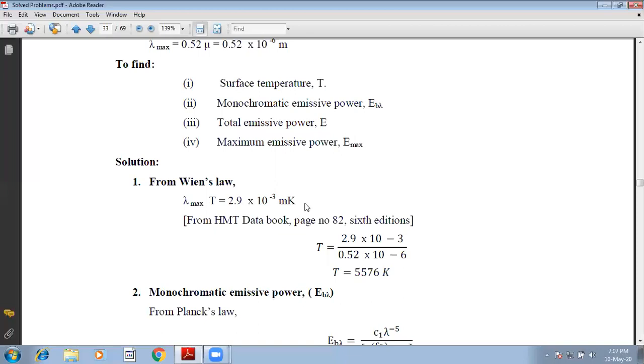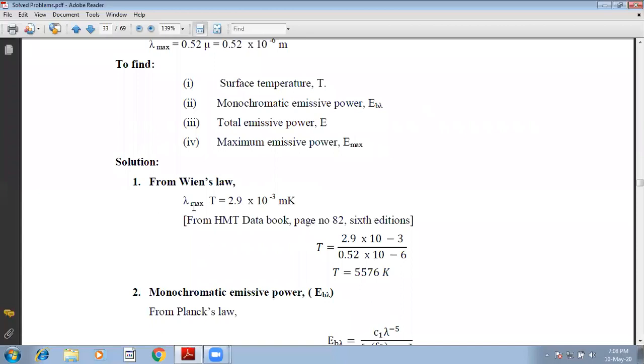This equation you can get from the heat transfer data handbook at page number 82 in 6th edition. I'm referring to the 8th edition. In the 8th edition also you can find this equation on page number 82.